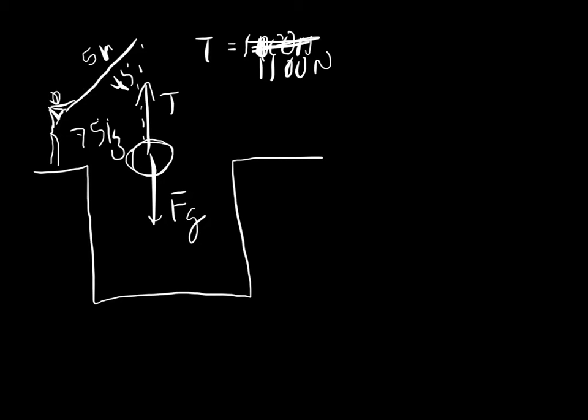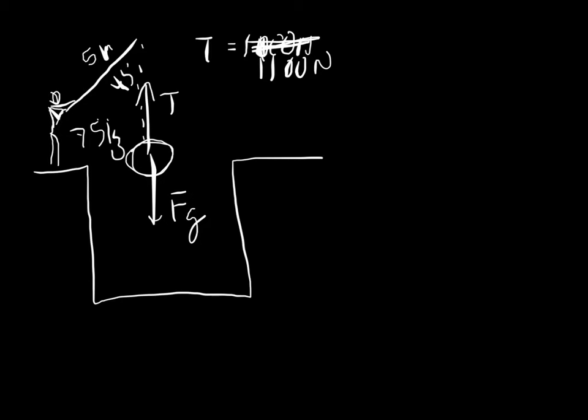Now, anywhere, anytime, in the universe, the sum of the forces of an object moving in a circle is what, Terrence? Anywhere, anytime in the universe, the sum of the forces on an object that is moving in a circle is what?